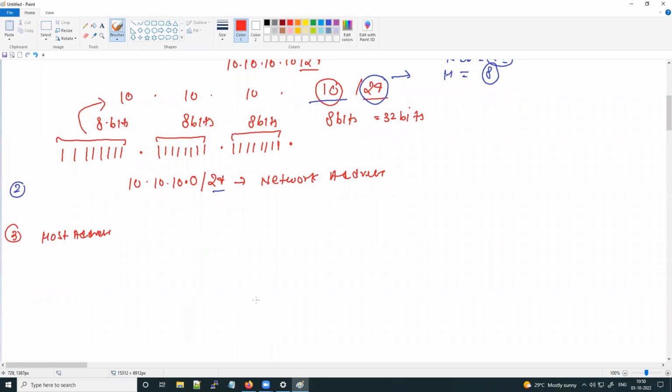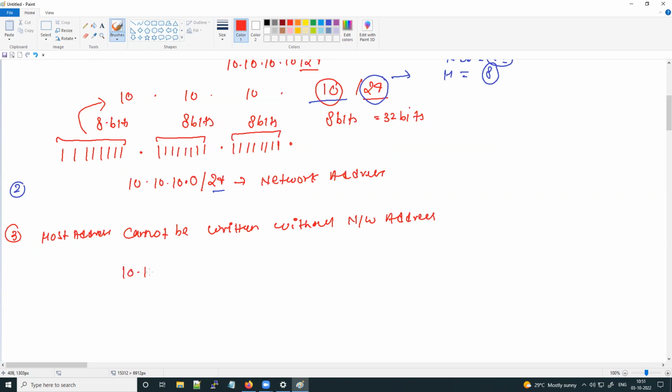A subscriber number cannot be written without its STD code. Similarly, the host address cannot be written without the network address. So we have to write the network address.